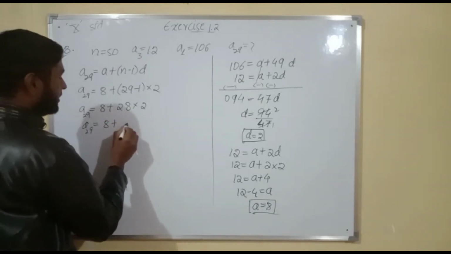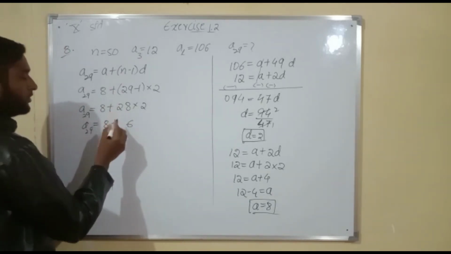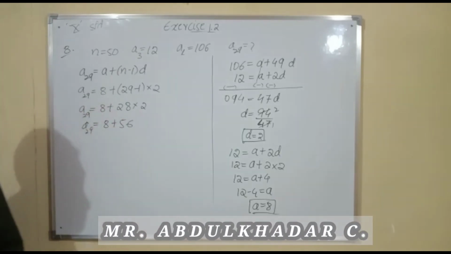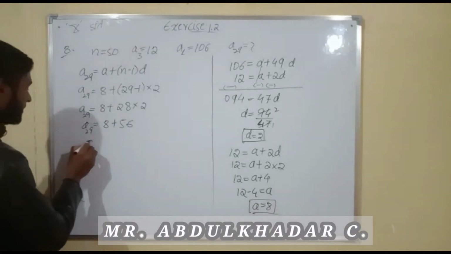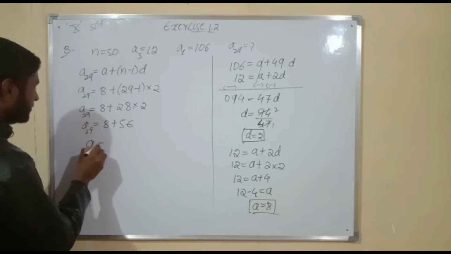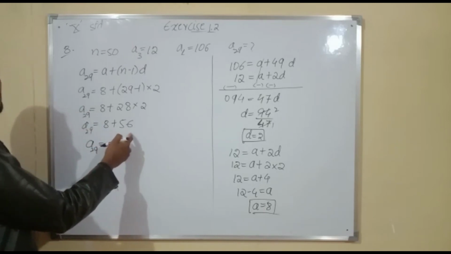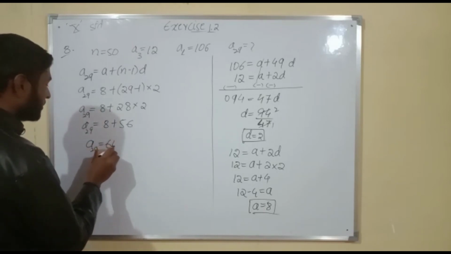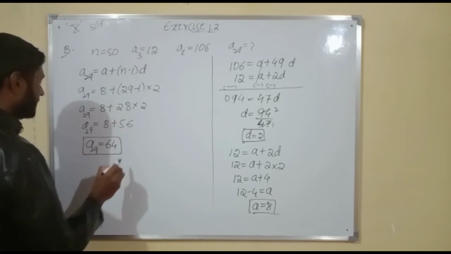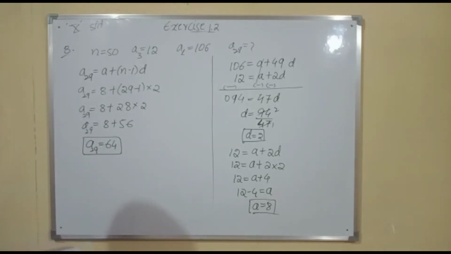Okay. 2 8s are 16, 1 carry. 2 2s are 4 plus 1 is 56. Okay. See, a29 is equal to 56 plus 8, which is nothing but 64. So this is our 29th term.